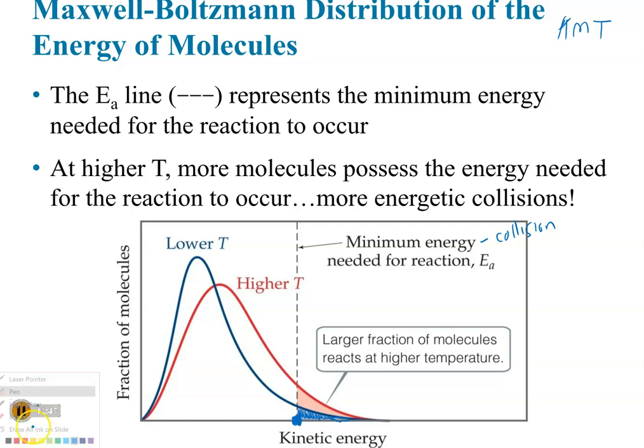But if we raise the temperature, and the distribution skews to the right, you see that there is a greater proportion of molecules that have kinetic energy greater than this minimum energy. So the molecules that collide out here will collide with enough energy. So you raise the temperature, and there's a larger fraction of molecules that will collide with the activation energy minimum.